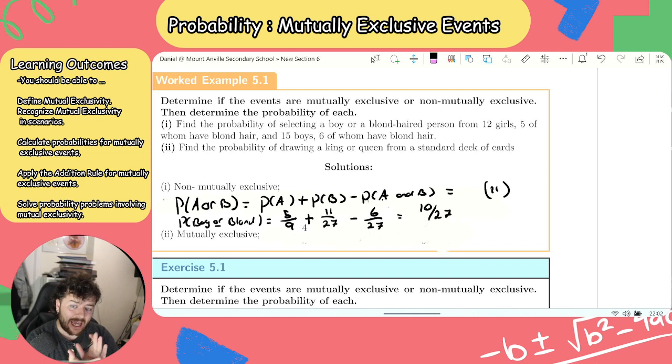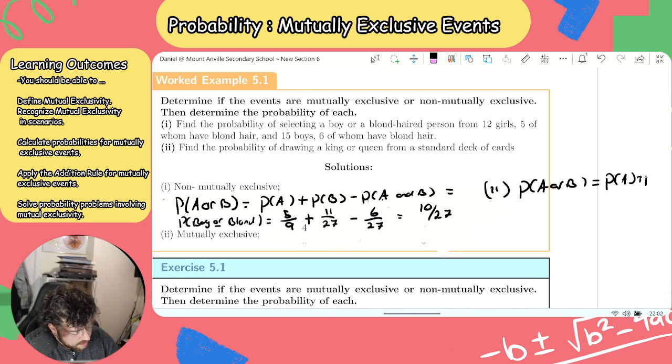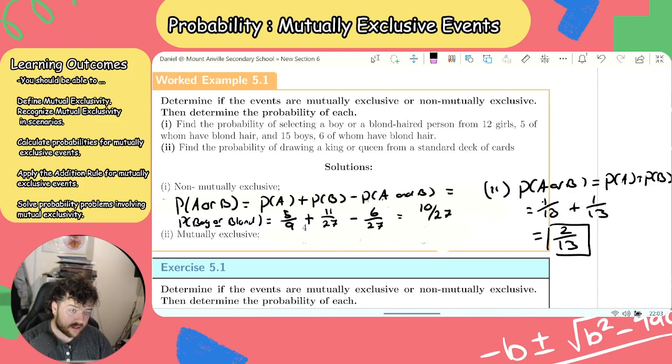So it's going to be probability A or B, which is probability A plus probability B. The probability of drawing a king is 1 in 13. The probability of drawing a queen is 1 in 13. So the probability of drawing a king or a queen is 2 in 13.